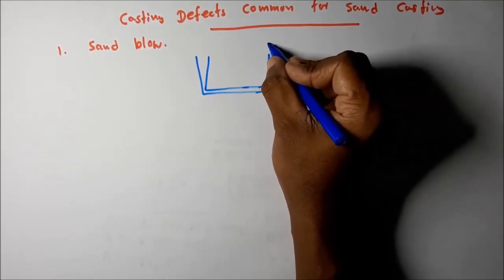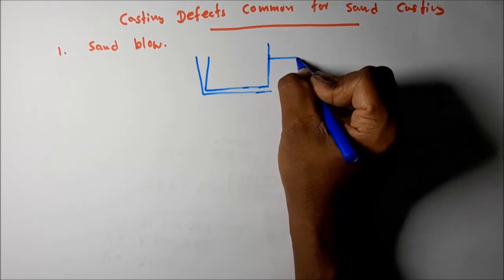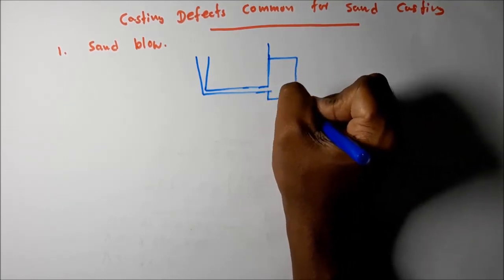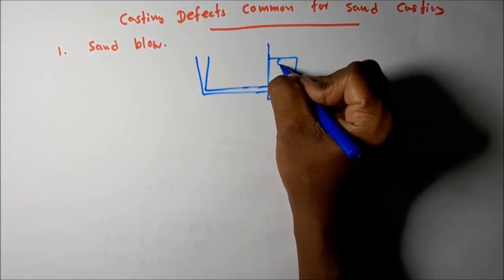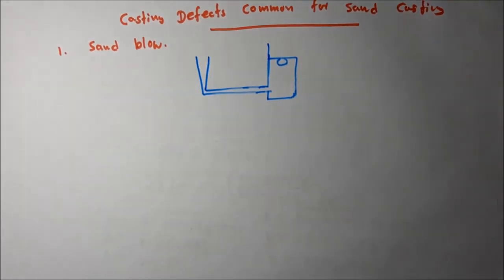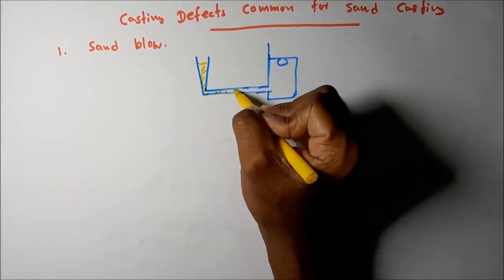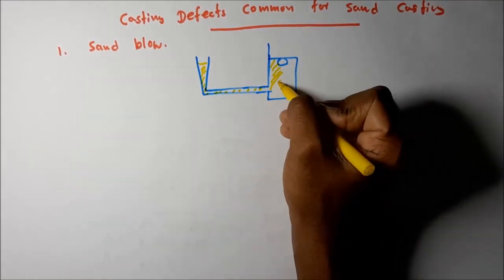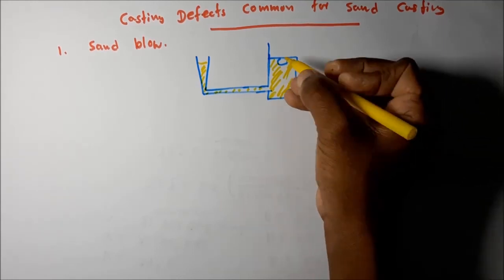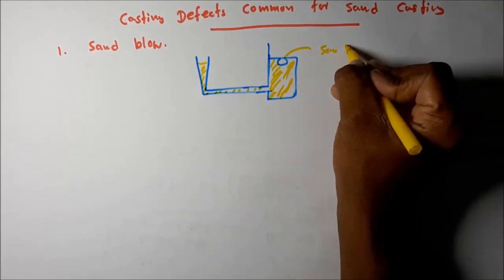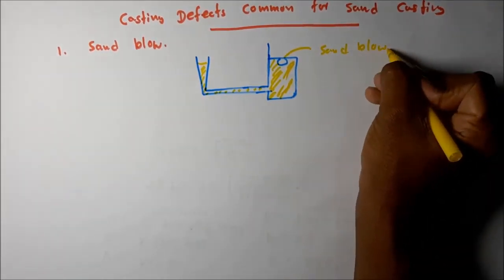In metal casting, this kind of cavity that forms after solidifying is called the sand blow. This kind of cavity forms. This is called sand blow.